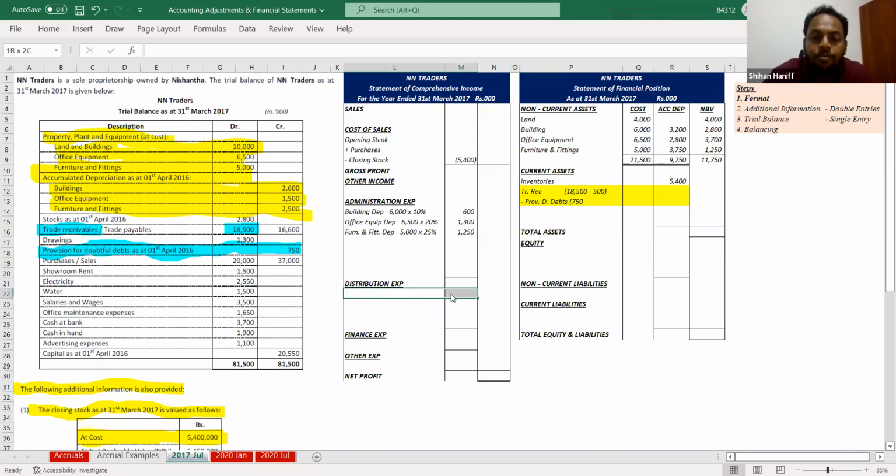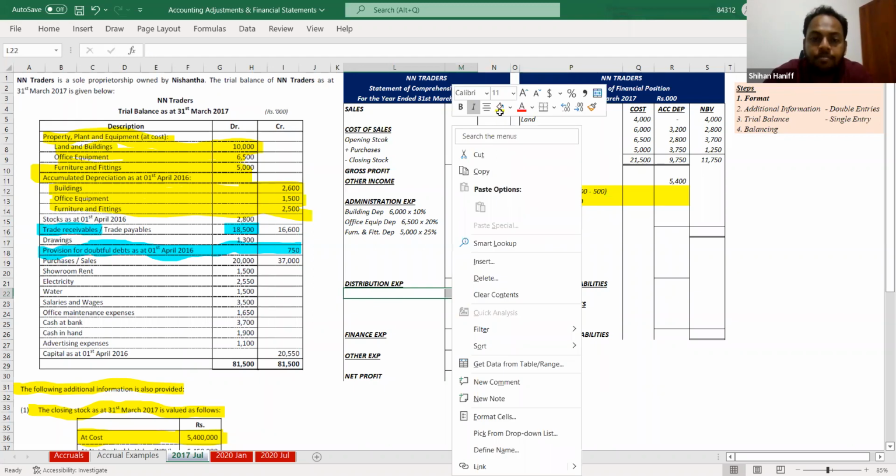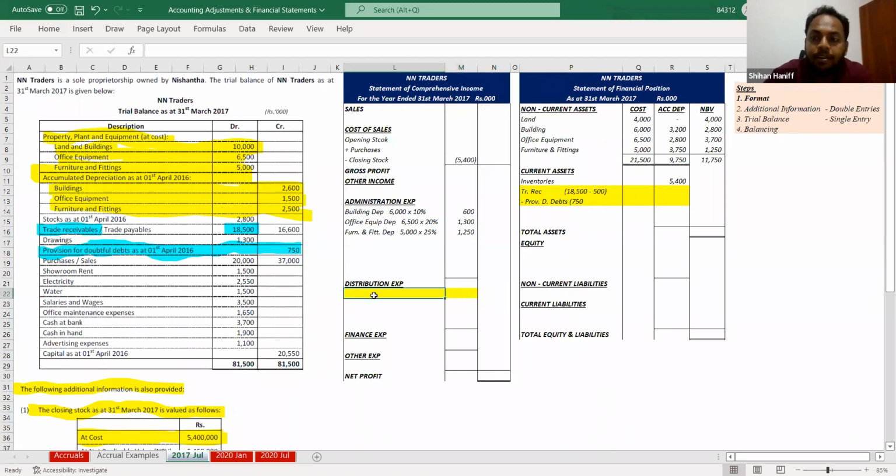And it is a distribution expense. So we take bad debt 500 to the distribution expense. Debtors account credit 500, bad debt account debit 500.